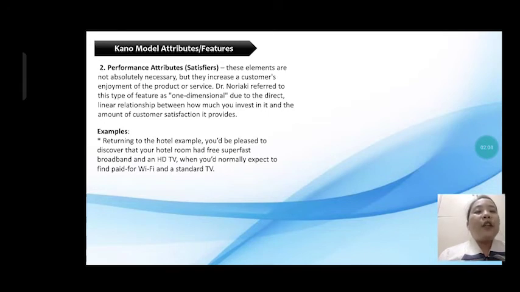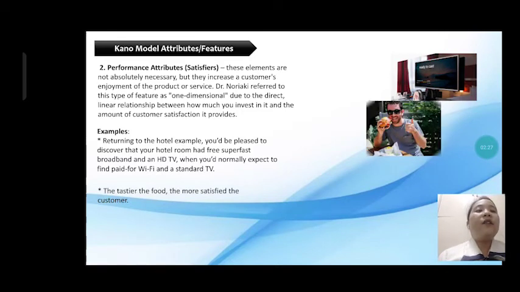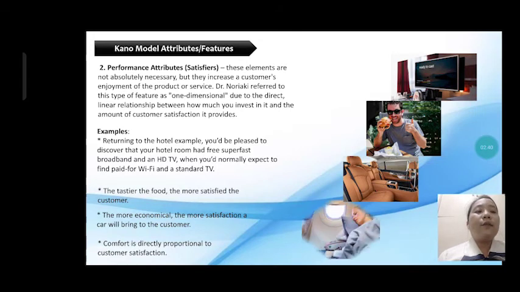Examples: returning to the hotel example, you'd be pleased to discover that your hotel room had free super fast broadband and an HD TV when you'd normally expect to find paid-for Wi-Fi and a standard TV. Another is the tastier the food, the more satisfied the customer. The more economical, the more satisfaction a car will bring to the customer. Comfort is directly proportional to customer satisfaction.